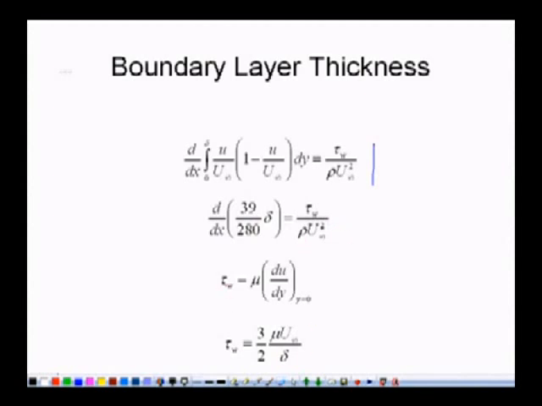Now what is tau w? Tau w is the shear stress at the wall. For laminar flow, we have to keep in mind that this may be written as mu du over dy at y equal to 0. Now how do we get du over dy?